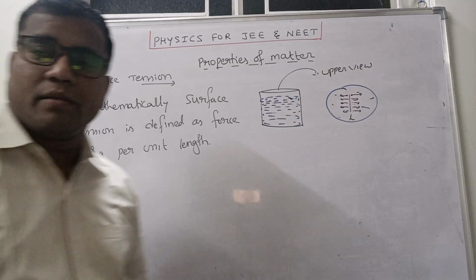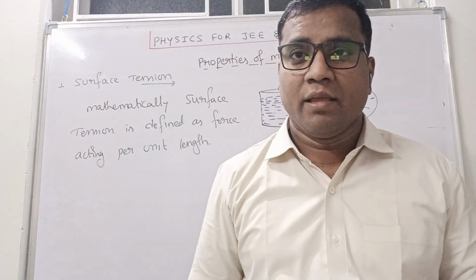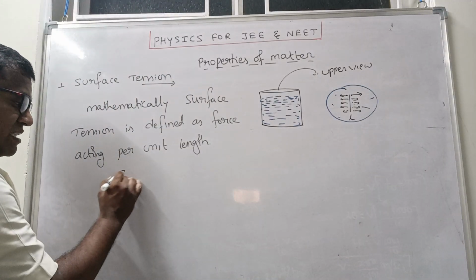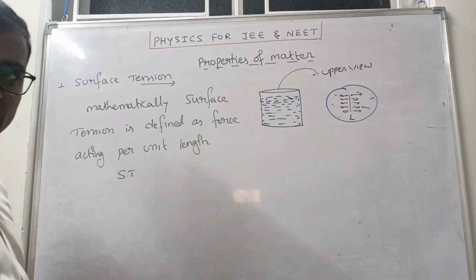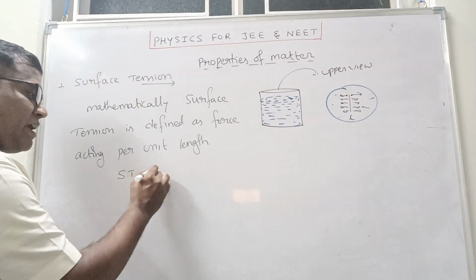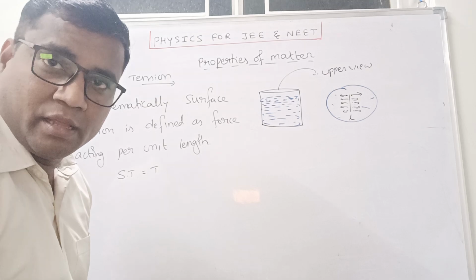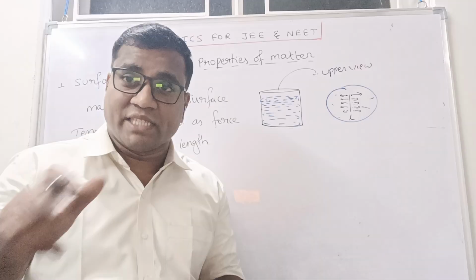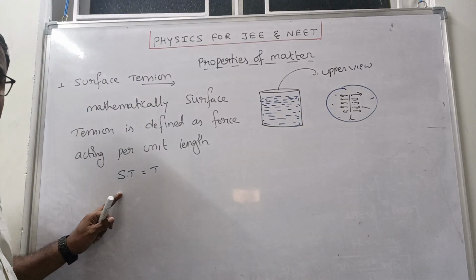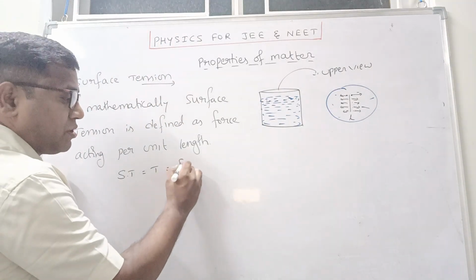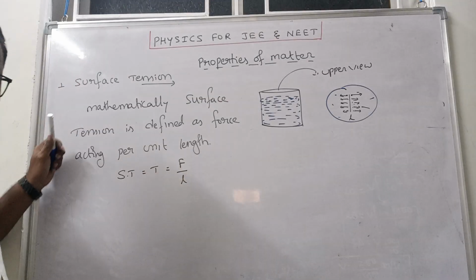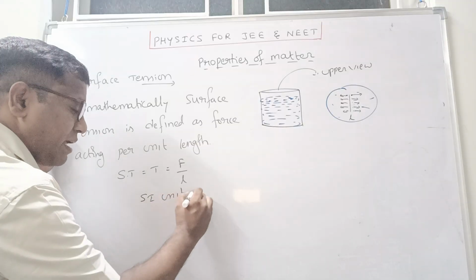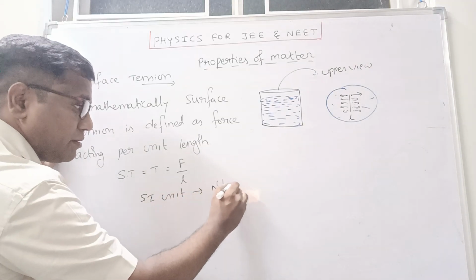Surface tension is generally denoted by ST, or we can write it as T. T is nothing but tension, here the tension on the surface of the liquid. That's why we call it surface tension. Surface tension can be written as force upon length. The SI unit is Newton per meter.